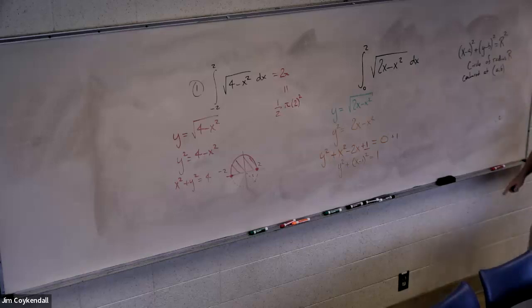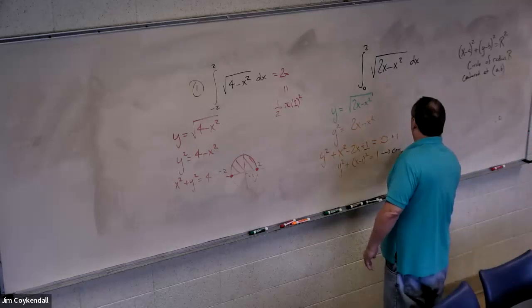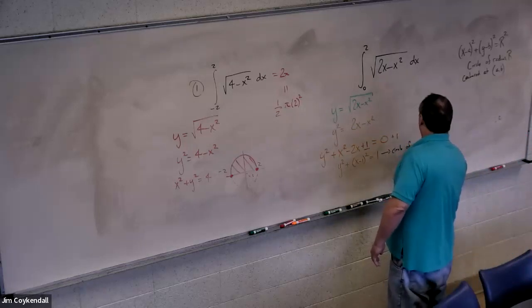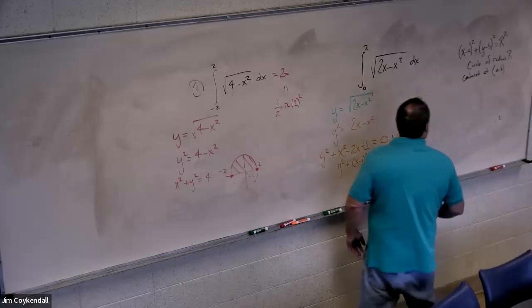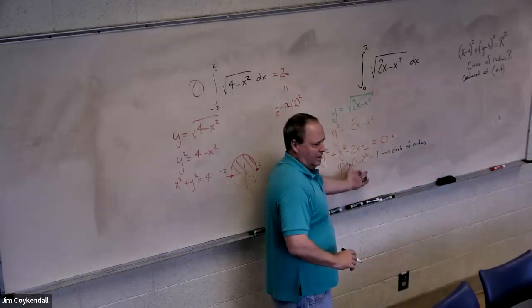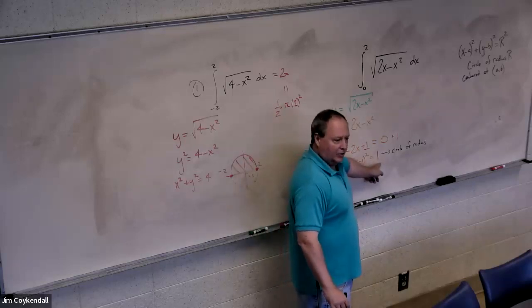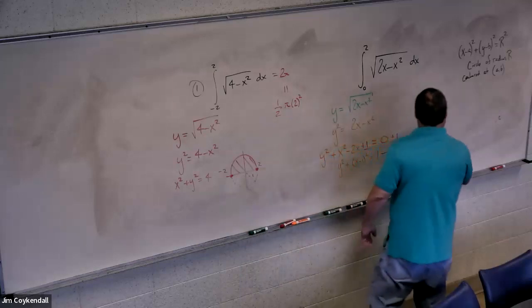So let's try to identify this here. This is a circle of radius what? Steal it off that equation: that is your r squared, so your r should be 1.